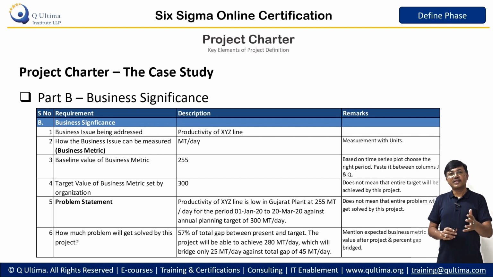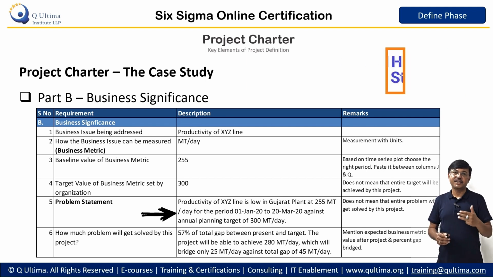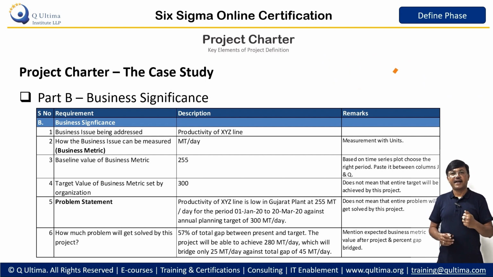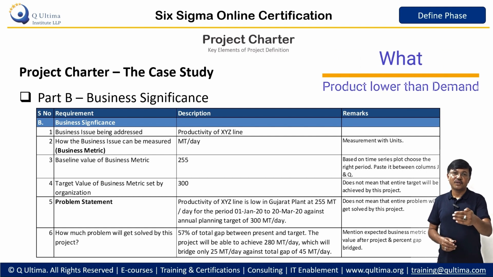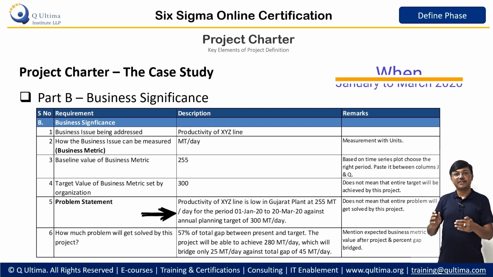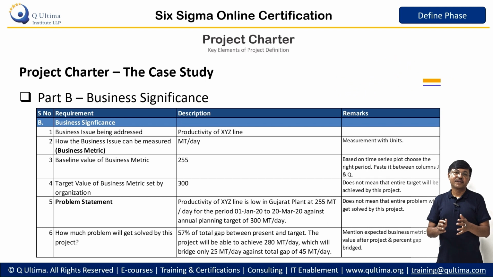Now we should also understand the problem statement. The problem statement is written in a way which is 3W, 1H and 1S. 3W means what, where, when, H means how much, and S means what is the source of pain. So in the present case, the problem is that production is low, and it is in the period January to March, which we will explain.